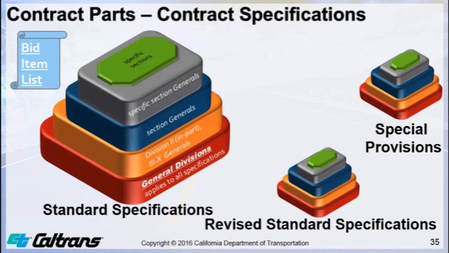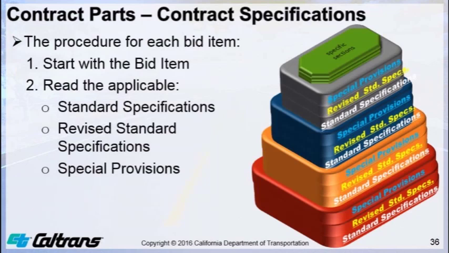The special provisions, revised standard specifications, the standard specifications, and the reference documents combined make the contract specifications. The contract specification pyramid combines the standard specifications, revised standard specifications, and the special provisions at each level of the pyramid, and is merged based on the contract parts rank, as shown previously in Section 5102 of the standard specifications.